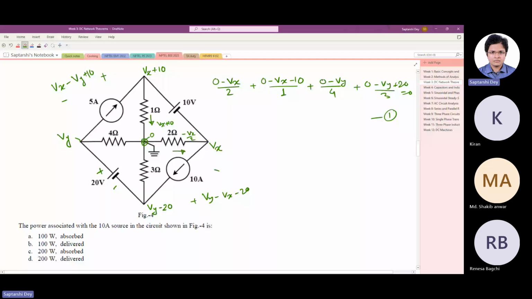No, this will also give us 0 equals 0. We'll simply get 10 equals 10 or something. So if we use the upper half and the lower half, then also the equation is coming 0.